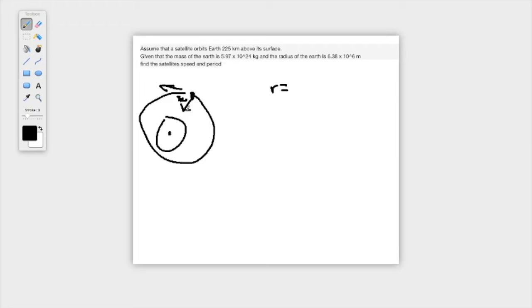So we know the center of the Earth to the Earth's surface is the radius, 6.38 times 10 to the 6 meters. The 5.97 times 10 to the 24th is the mass.